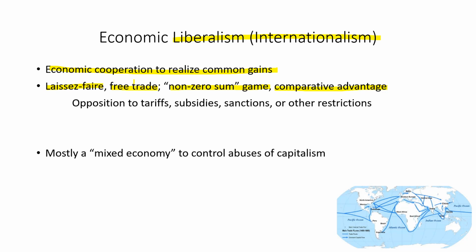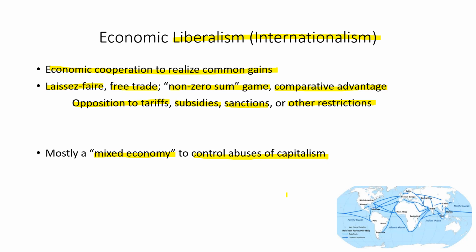The economic liberalist view typically is opposed to tariffs because that distorts the market, opposed to subsidies, opposed to sanctions and other restrictions, in order to let the free trade system, let the global market do what it does. In general, we're looking at mostly a mixed economy here to get the benefits of capitalism while at the same time trying to control the abuses of capitalism.